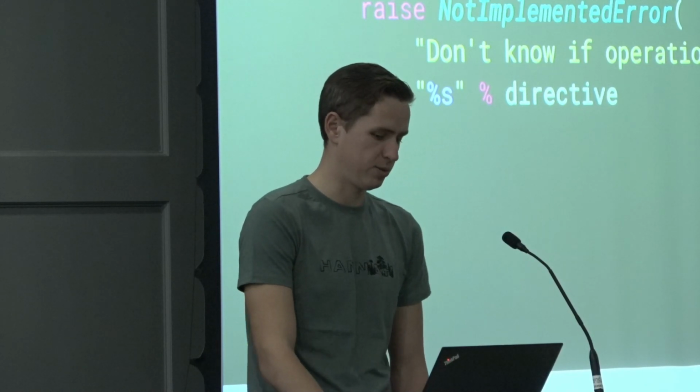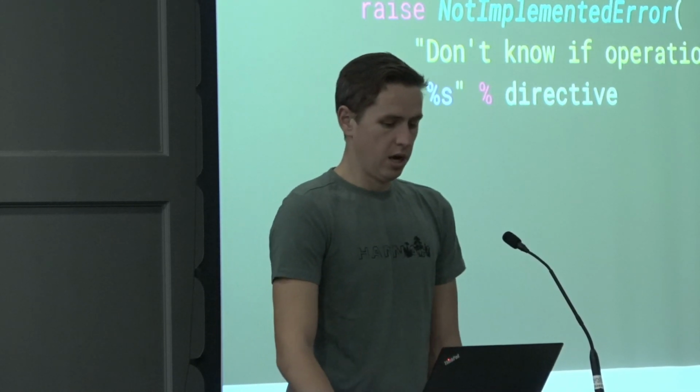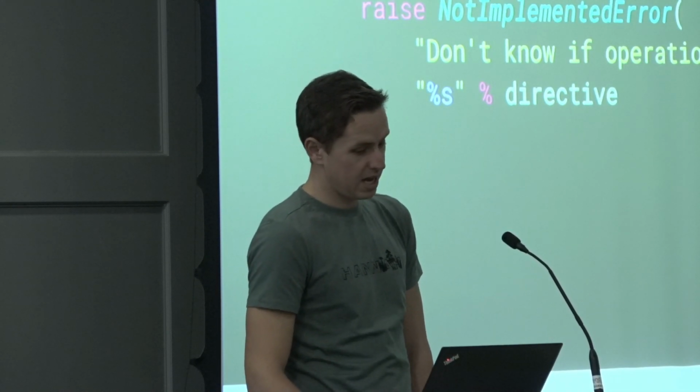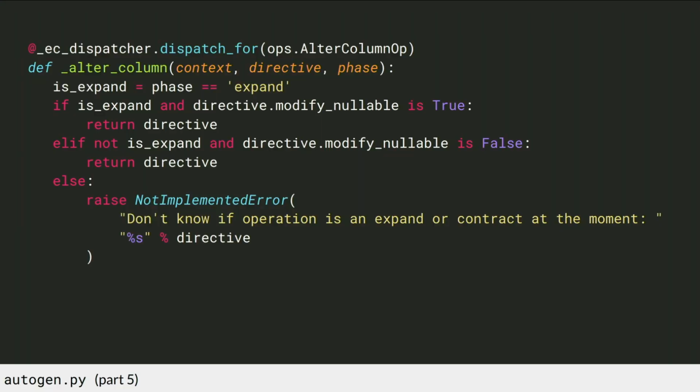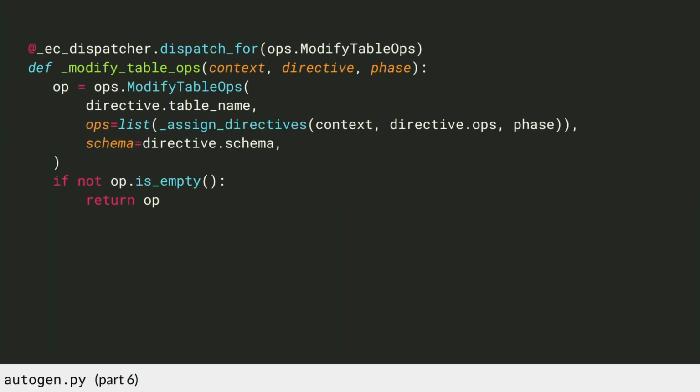If you're modifying a help string, this kind of thing. So as you can probably see there, all we're saying here is that if we're setting a thing to allow null, then that's classed as an expand operation because it's making the schema less restrictive. And likewise, if we're making it more restrictive, that's classed as a contract operation. And then this isn't really relevant, skip over there.